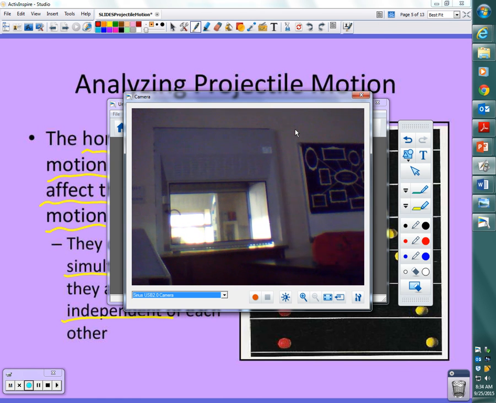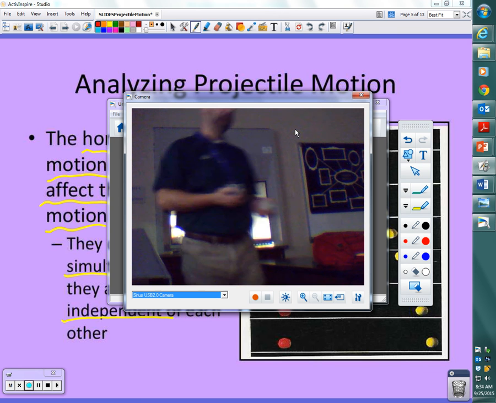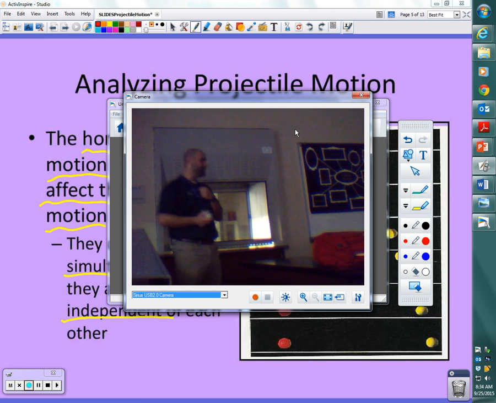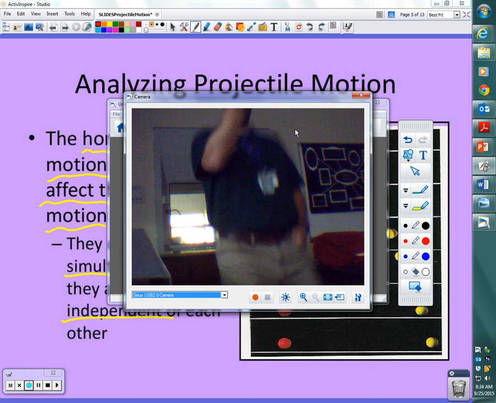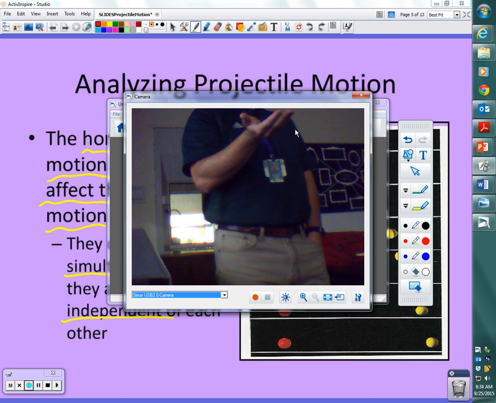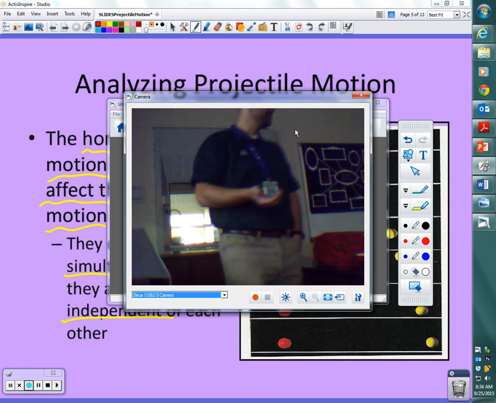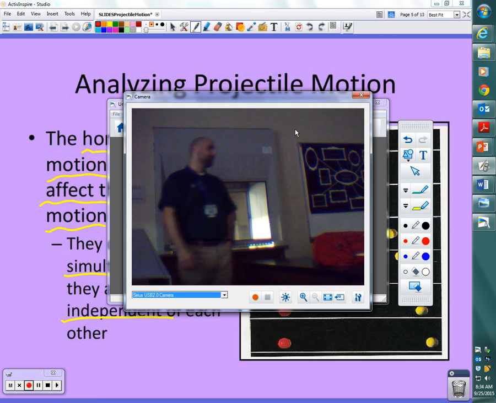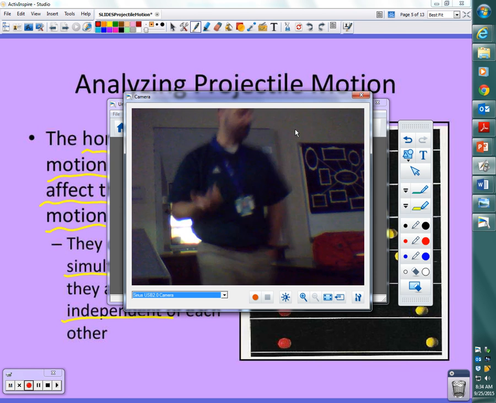Does the ball still continue to move forward? Yeah, but it's not at the same rate as me, right? Or if I toss it up and stop, right? I don't catch it because what did the ball continue to do? Move forward, because I stopped, right? Or the third example.